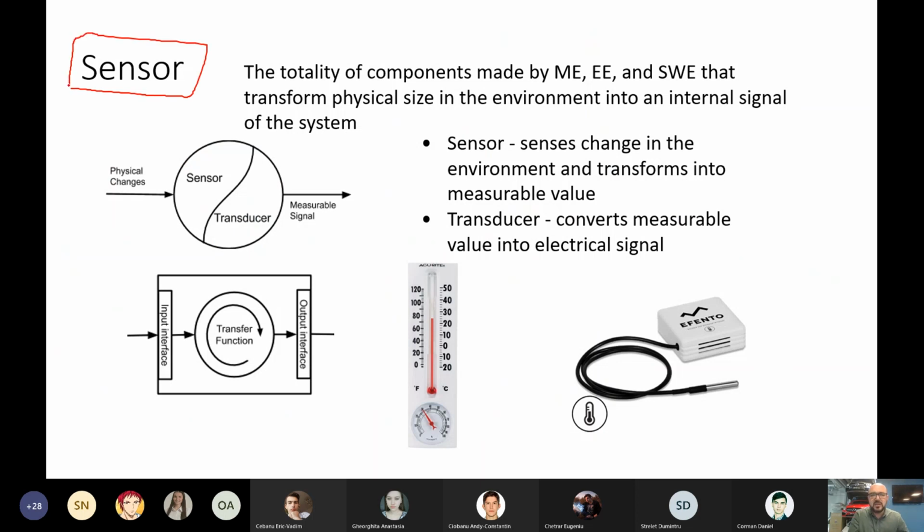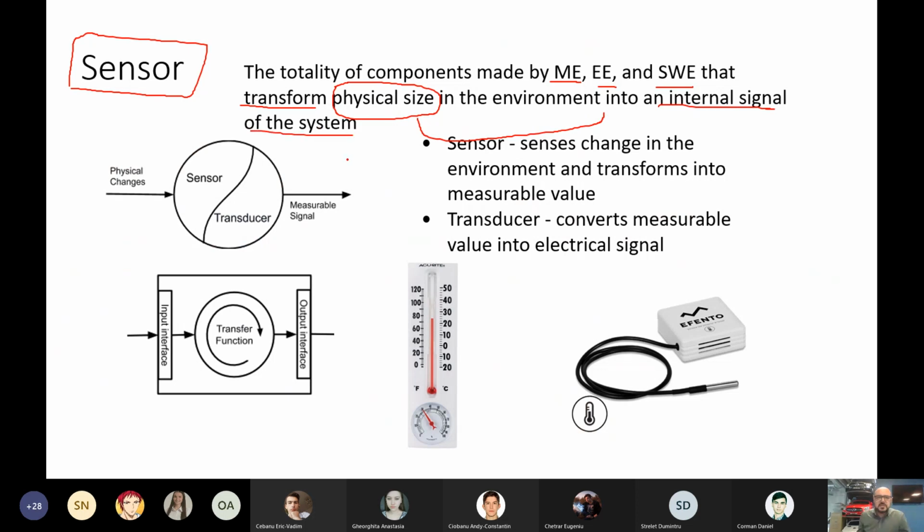Maybe somewhere in a wiki or other dictionary you can find other definitions, but in our lecture we'll have the following definition: a sensor is a collection of components made by mechanical engineering, electrical engineering, and software engineering that transform the physical values into an internal signal of the system.